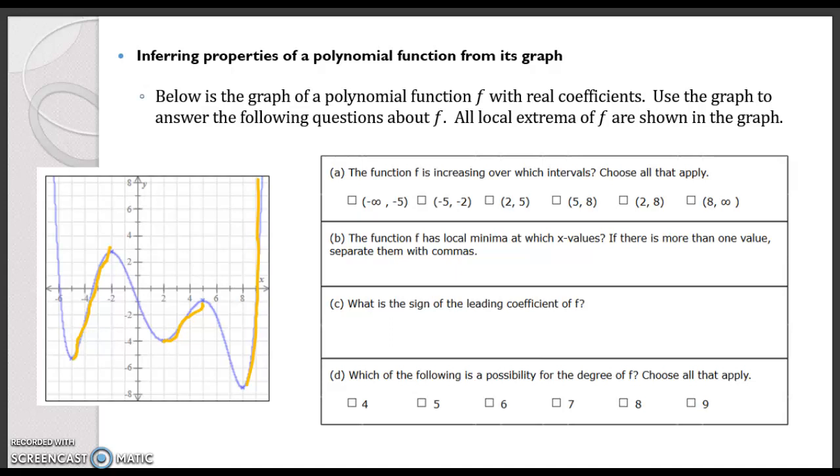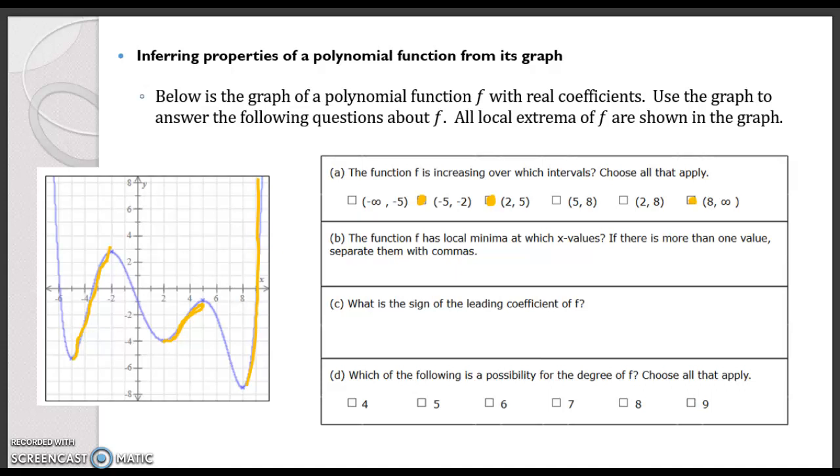So what are the x values along this function? I'm going to go from x is -5 to -2. It's increasing there. And then from 2 to 5, it's increasing there. Then it increases again from 8 to infinity.